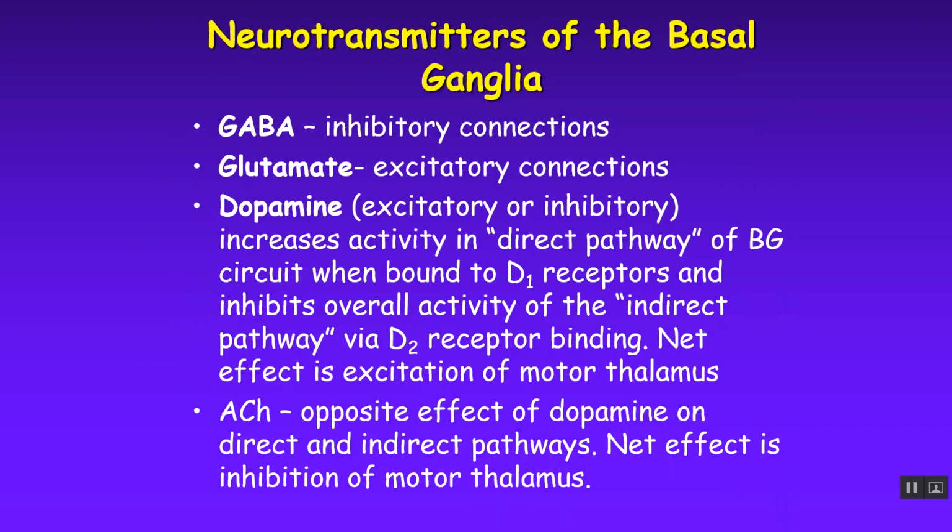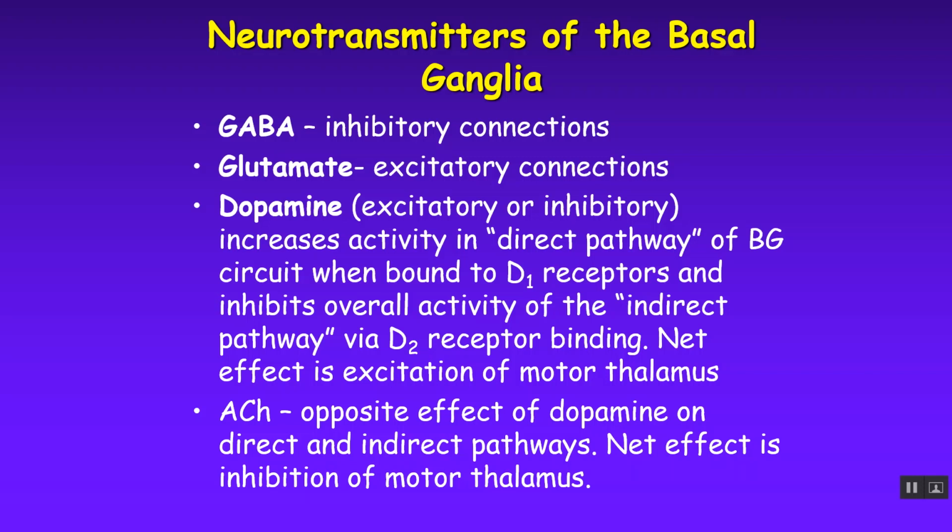The connections and the communication between these different areas use neurotransmitters. Neurons are communicating with each other. It can either be inhibitory, and if it's an inhibitory connection, it's going to use GABA, which we know is the primary inhibitory transmitter of the central nervous system.